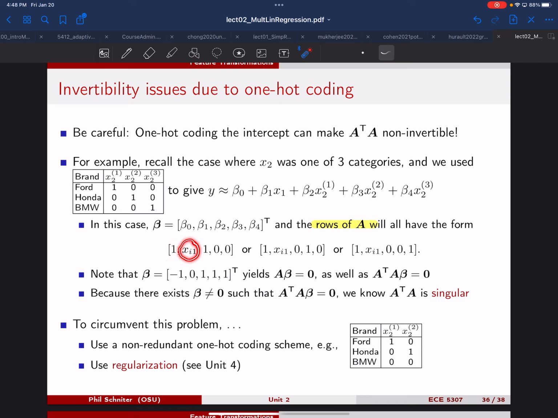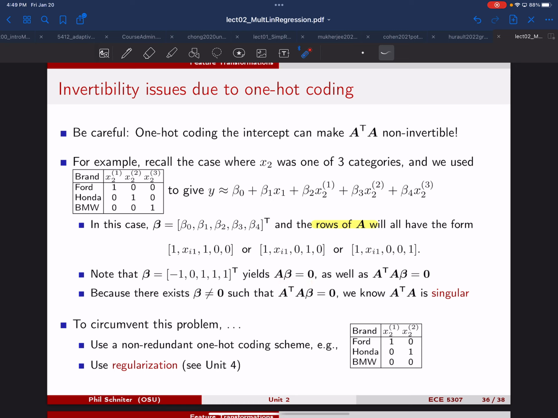That's the horsepower. And then the rightmost 3 columns for all my Ford samples will be 1, 0, 0. Similarly, for all the Honda samples, these will look similar, but then they will be 0, 1, 0, and for the BMW, it will be 0, 0, 1. Now, if I'm clever, I can come up with this particular beta vector, which happens to be minus 1, 0, 1, 1, 1, that if you notice, when I multiply A by that beta vector, I get A times beta equals 0, right?